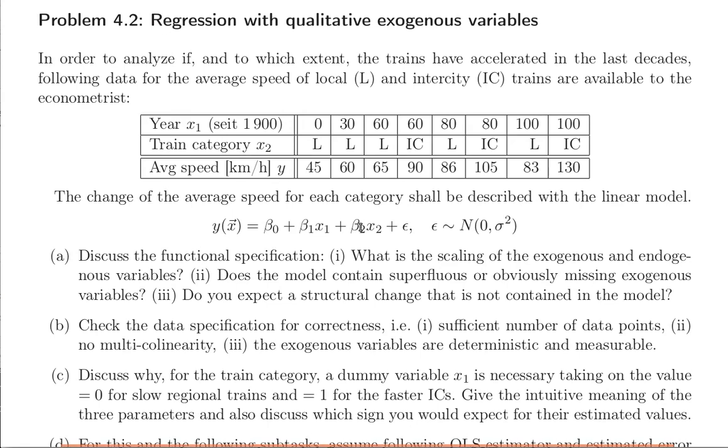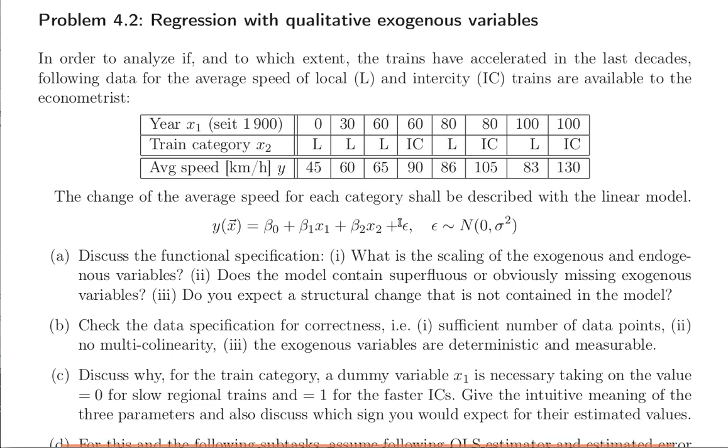Here again we have the qualitative variable x2, which can now take on not only two values, local and intercity, but three values: local, intercity and intercity express. Again, we need to transform it into numbers, and because we have three values, we need two dummies.